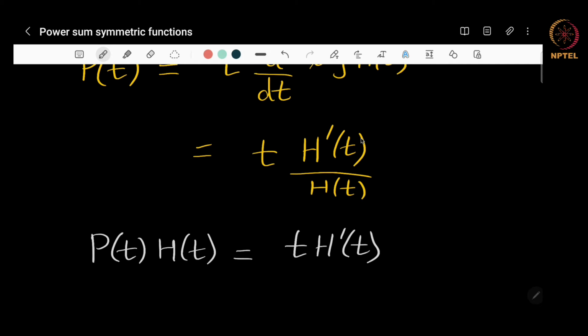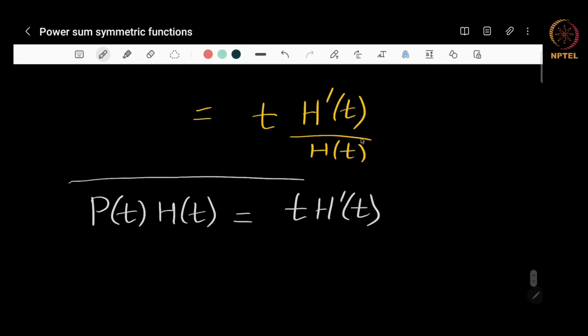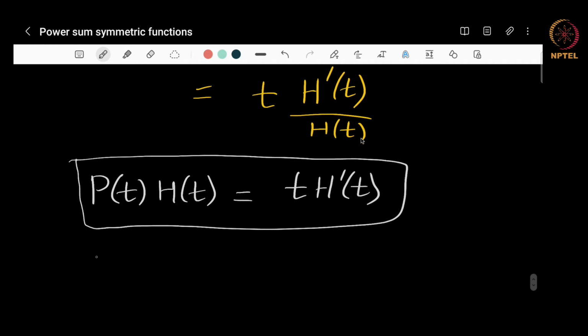Okay, so what are we going to do now? You think of that as your equation, connecting power series in t on the left side and the right side, and compare coefficients of t power n for all n.